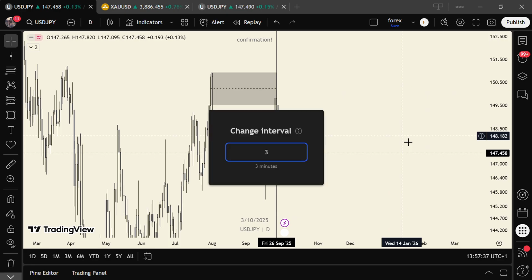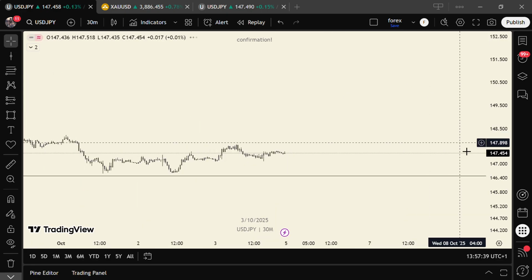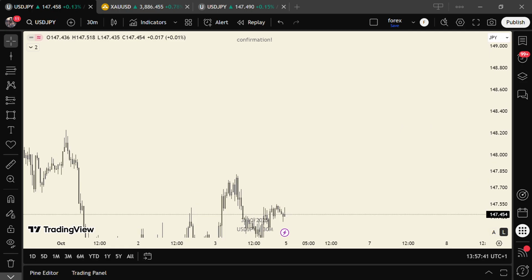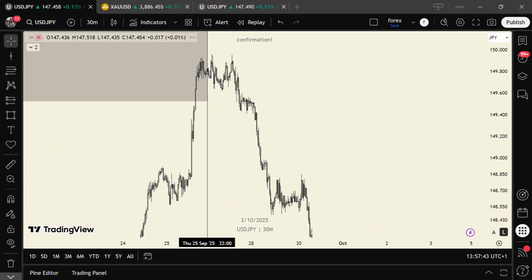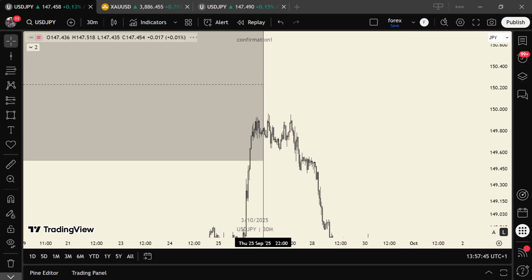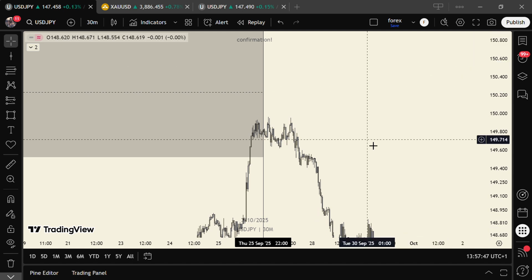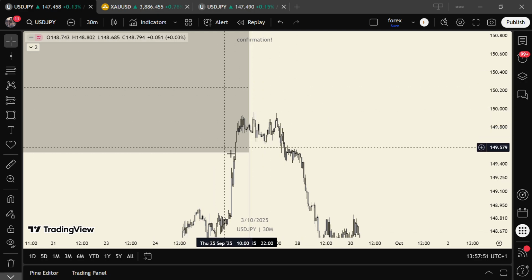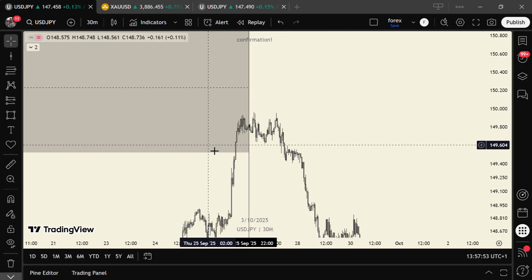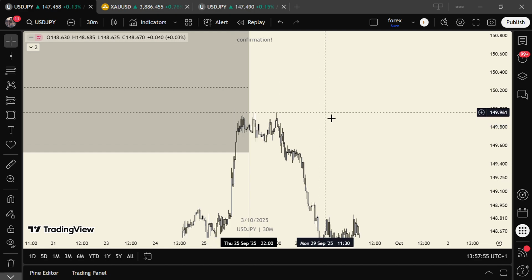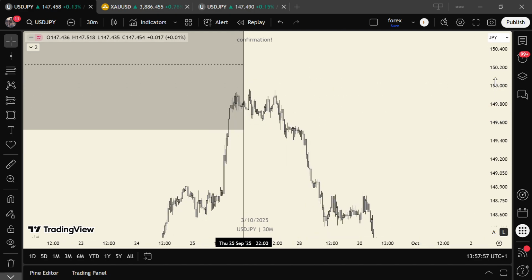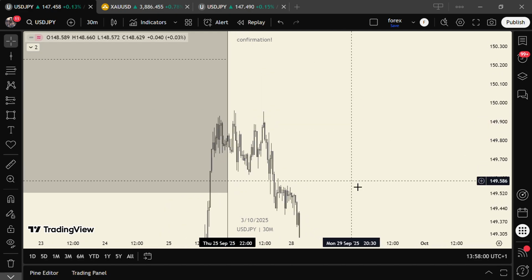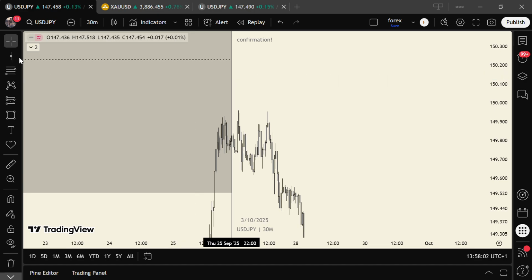So now you can see this right here. So I go to the 30-minute time frame. Right here, yes, we can see. What I would be looking at here, really I would just be looking for a market structure shift, and as we can see right here, firstly we got a liquidity sweep.